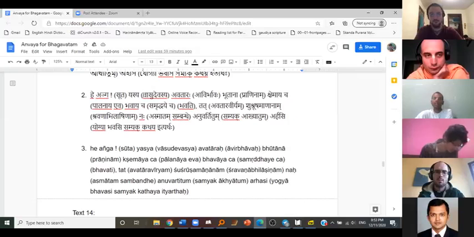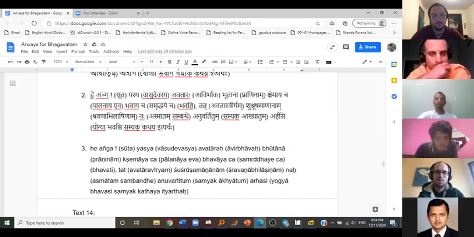Yasya arthāt kasya vāsudevasya āvirbhāvaḥ prāṇināṁ pālanāya eva samṛddhaye ca bhavati. The appearance of Lord Vasudev takes place for the protection, pālana, and for the, how do you translate samṛddhi?